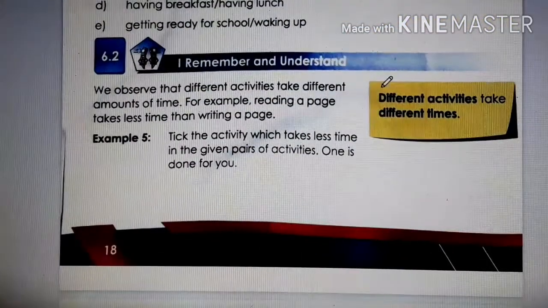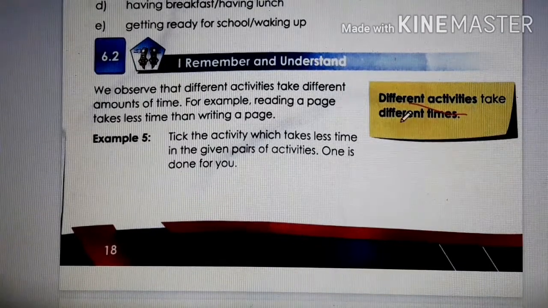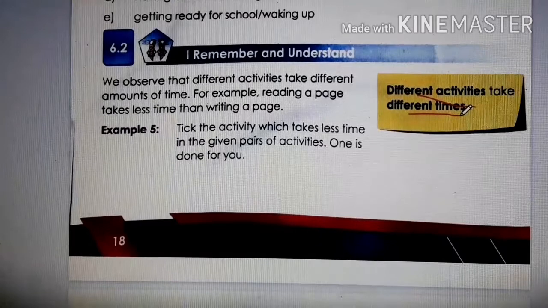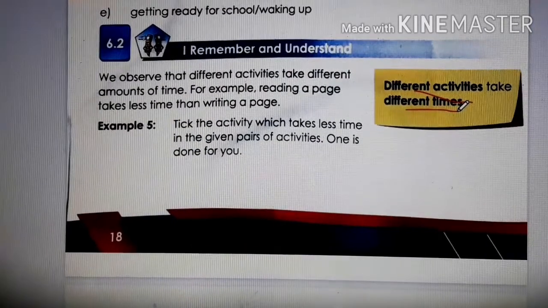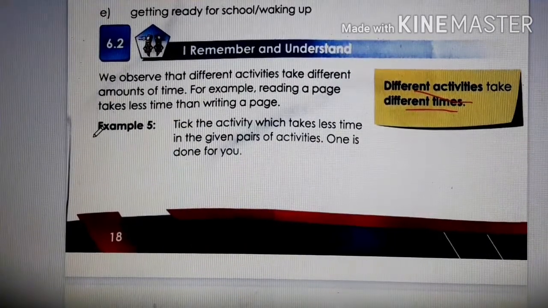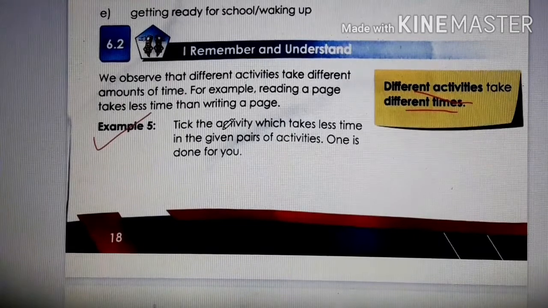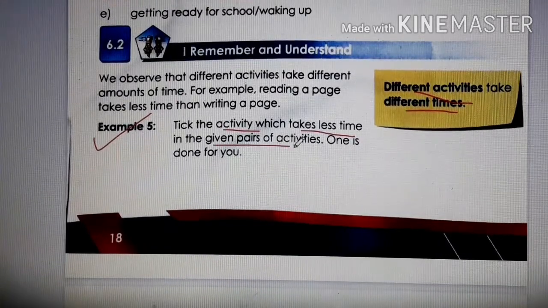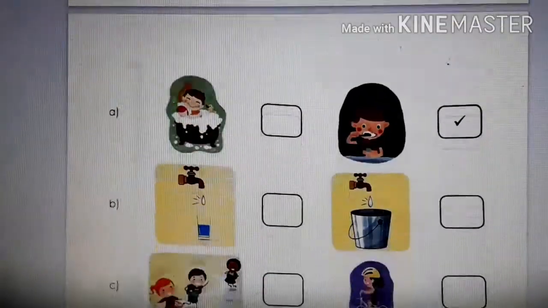So different activities take different time. Do you agree, children? Let's see our example 5. Take the activity which takes less time in the given pair of activities. One is done for you. Take out page number 19 of your book, children.